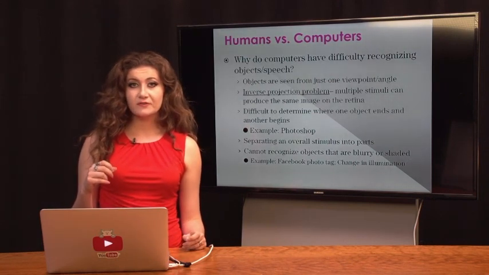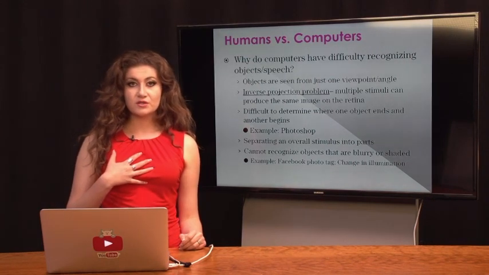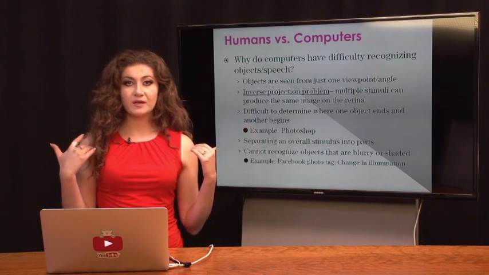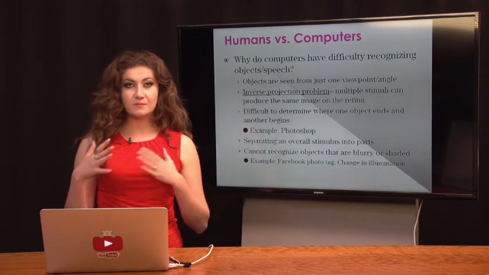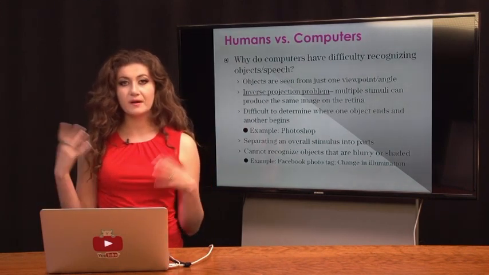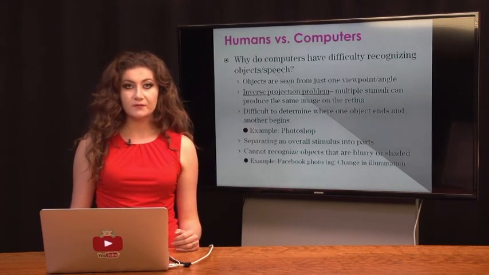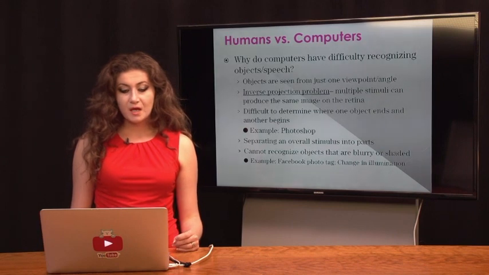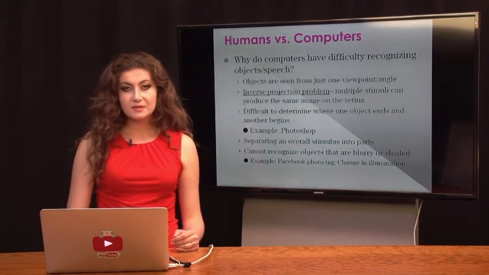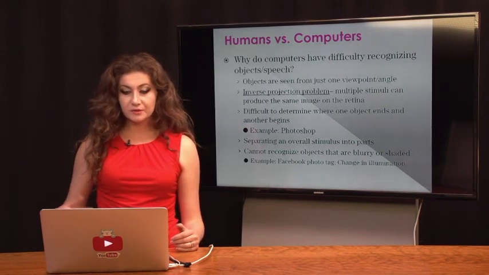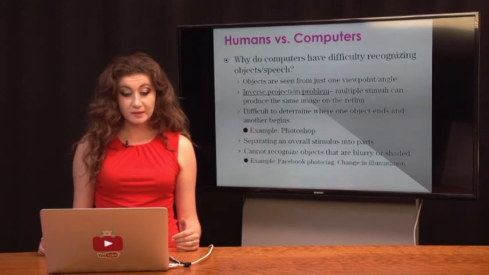And so what happens if, for example, I'm wearing a red shirt, and I'm on a red background, it won't understand that my red and the red background behind me are actually two different objects. So that's another example of the inverse projection problem. Separating an overall stimulus into parts is difficult for a computer, but it's much easier for a human.